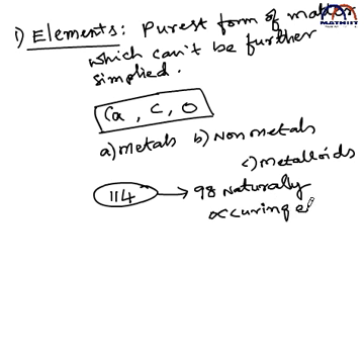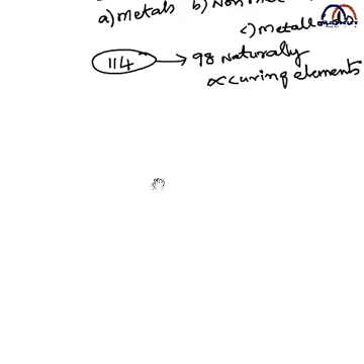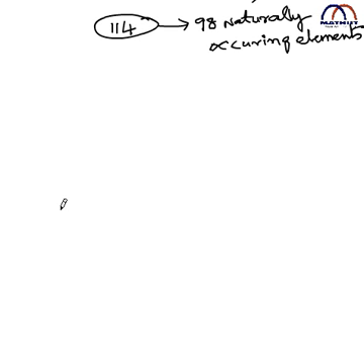This is all about elements. I hope you understood what an element is and what its importance is. Now coming to the second part of the matter according to this chemical classification, that is compound.